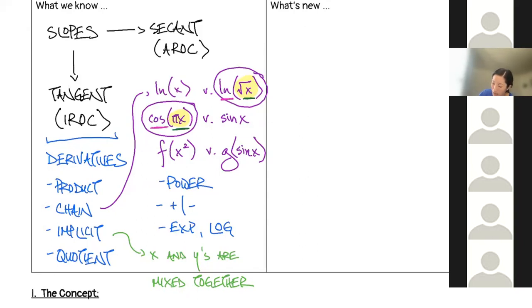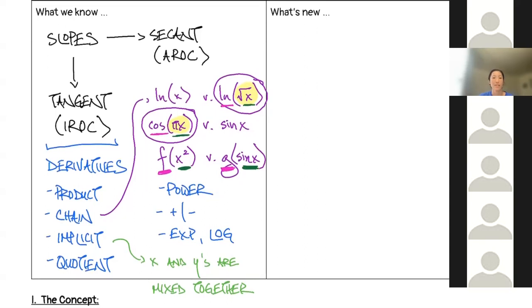I've got an inside function here of x squared and an outside function of f. I just don't know what the f is, but I'm doing something to the x squared, okay? And if we use similar reasoning for the g one, we've got g as the outside function and sine x as the inside function. Okay.